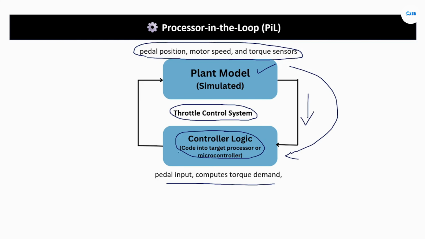The controller code executes its logic on the real chip and sends actuator signals back to the PC simulation, which updates the virtual plant model accordingly. If everything behaves as expected, throttle response, torque output, and timing all match the simulation, then your control software is validated at the processor level.